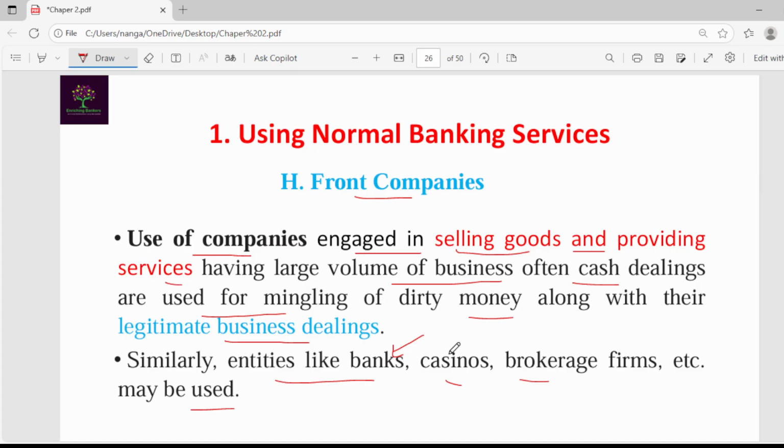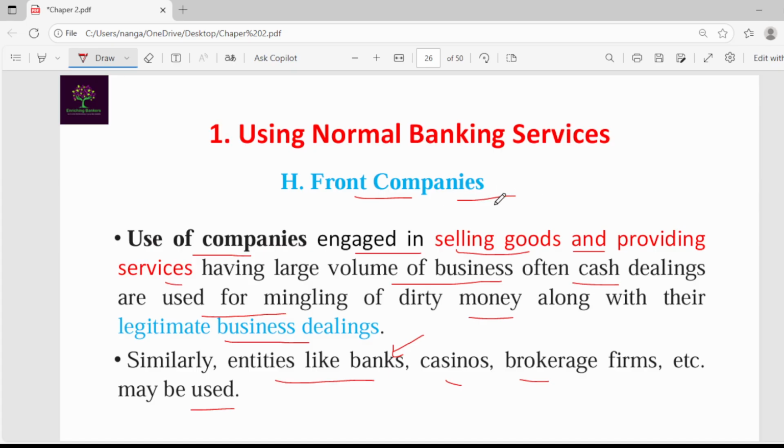They show that they got money from legal activities, and that money is deposited into the bank accounts. That amount is converted into insurance products or mutual funds. So nobody gets doubt on these transactions. For that purpose only, they use these front companies for conversion of their illegal funds to legal funds.